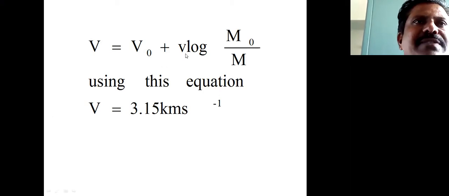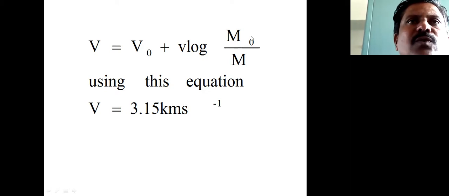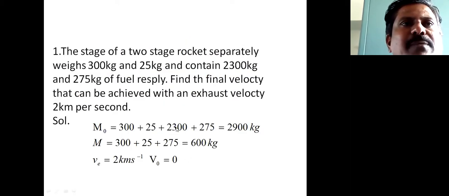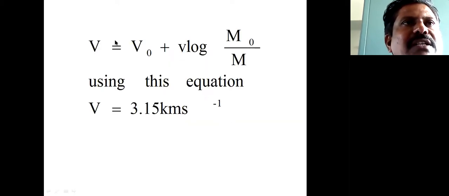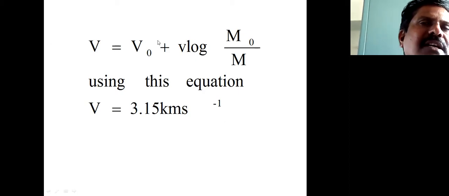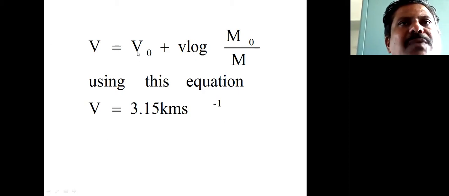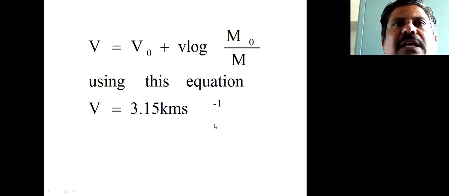So small v is 2 kilometer per second into log of m naught, which is 2900 kg, and m is 600 kg. I'm inserting these values into the equation. So the exact velocity of the rocket is v equals 3.15 kilometer per second.